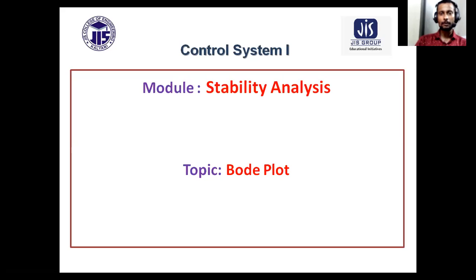Once the Bode plot is obtained, we could easily determine whether a system is stable or not. Or if a system is not stable, then what additions are to be made in the system, and how the pole zero location is to be changed in order to make the system more stable. All those will be discussed in today's and the next few classes.